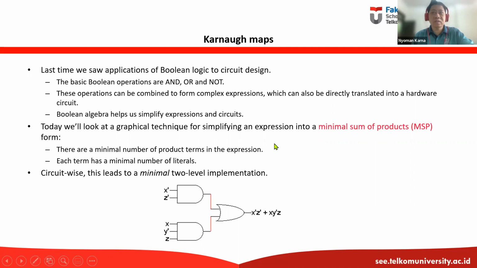Last week we also discussed that we have two ways to represent a truth table. The first one is by using SOP, and the second one is by using POS.